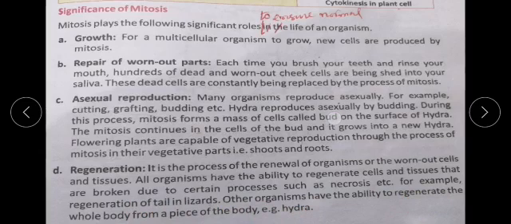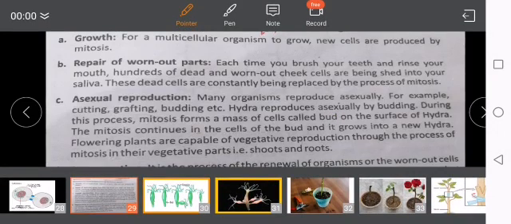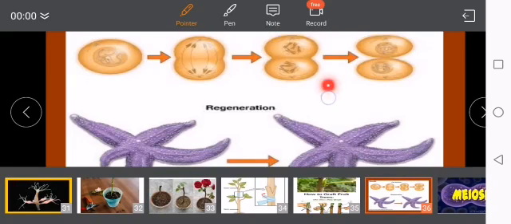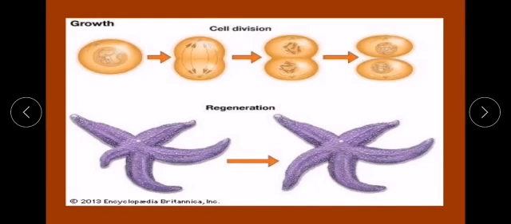Now we are going to see how animals regenerate. Over here there is a starfish, you can see. This starfish lost one of its arms accidentally, and the starfish has the capability of regenerating a new arm by the process of regeneration.